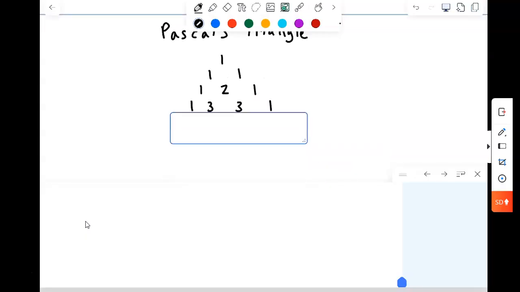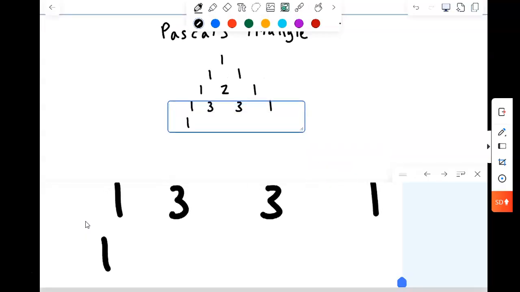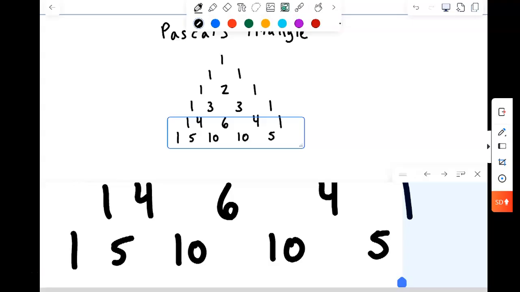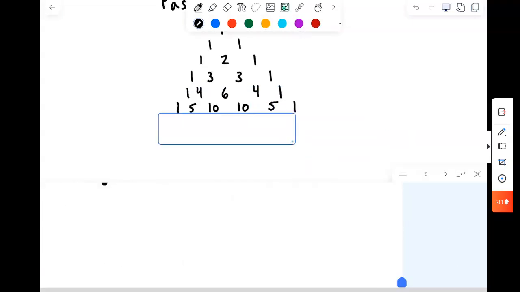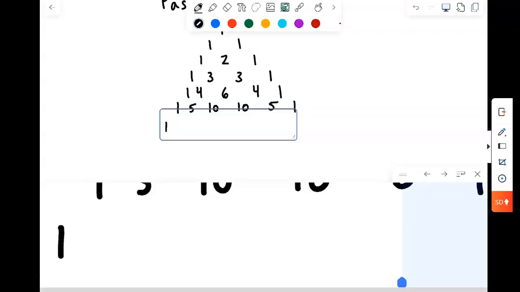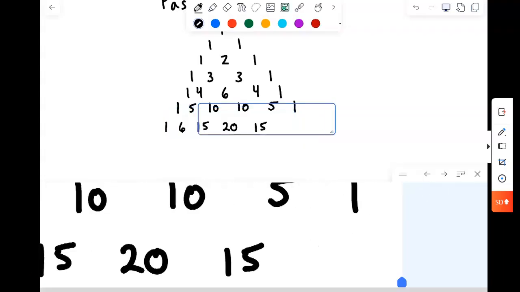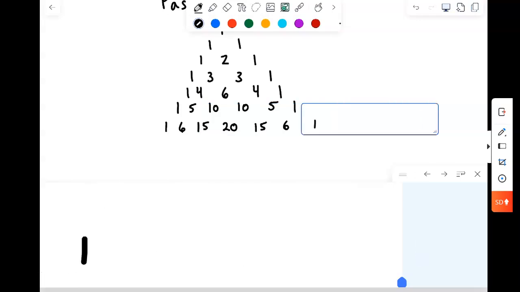And if we continue, we would have 1, 4, 6, 4, 1, and then 1, 5, 10, 10, 5, 1, and then one final row here: 1, 6, 15, 20, 15, 6, and 1.